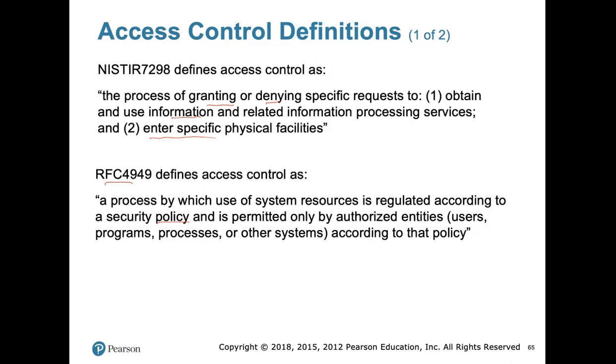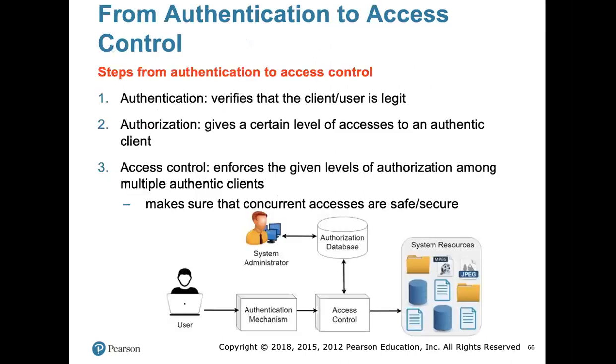When we say entities, we are talking about users, programs, processes, or even devices that are working on behalf of a user or getting access on behalf of this user according to the policy. This might be a little bit more clear, but still, I guess there is a need to clarify the relation between access control and authentication.